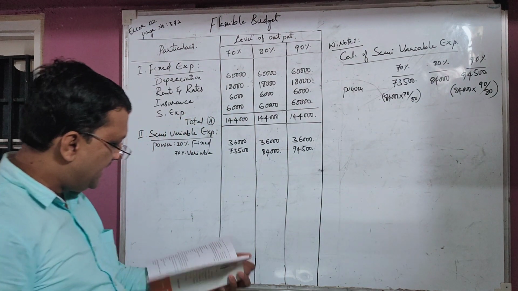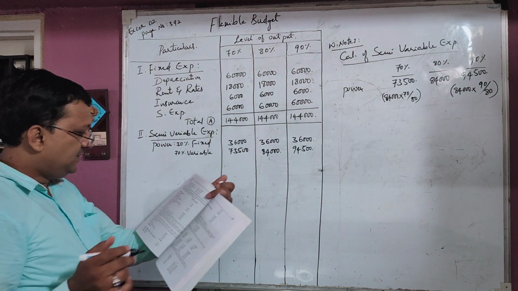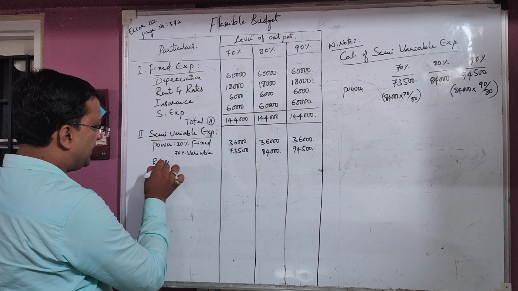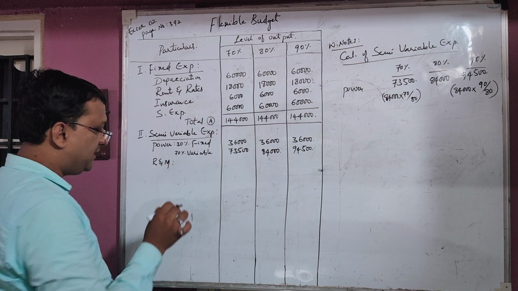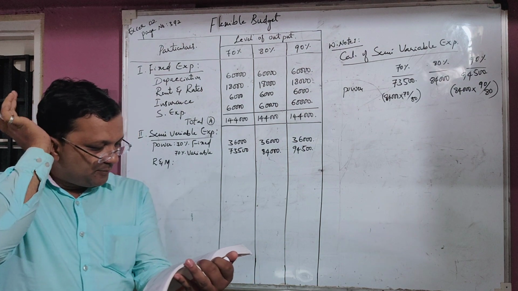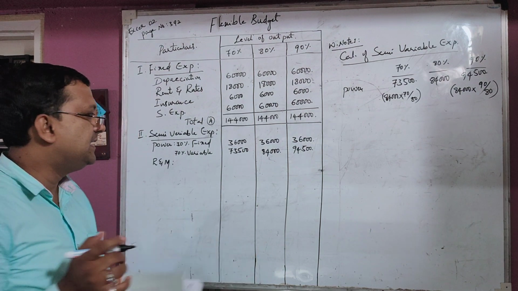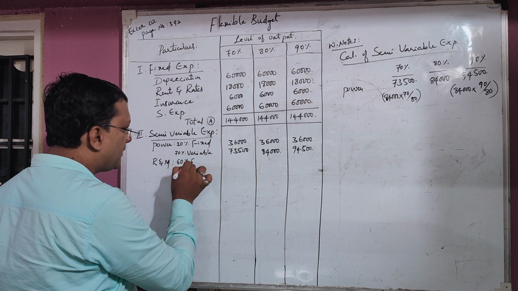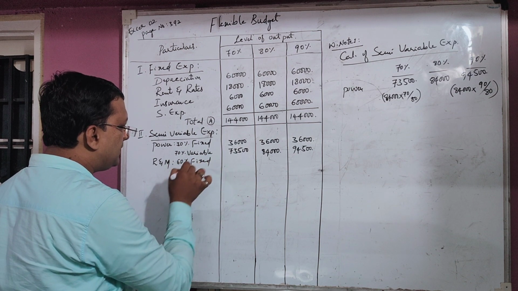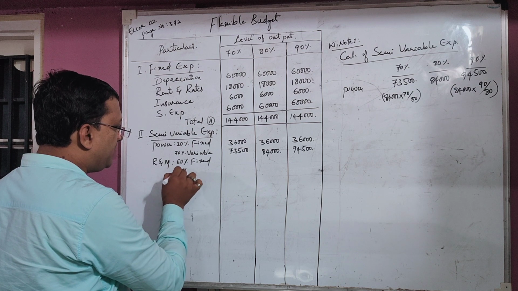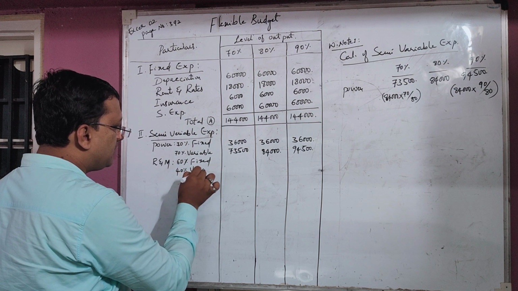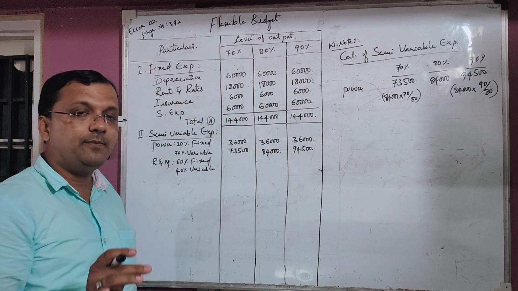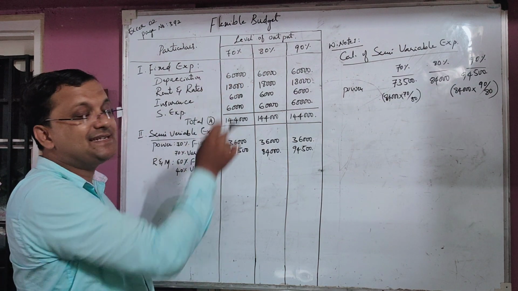Then repairs and maintenance. Here the second semi-variable expense, repairs and maintenance. What the problem is telling: 60 percentage fixed, means 60 percentage does not change. Then the remaining 40 percentage is variable. 60 percentage fixed and 40 percentage variable for 80 percentage capacity.